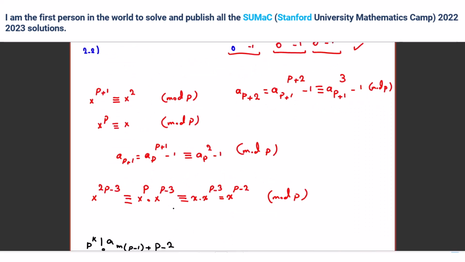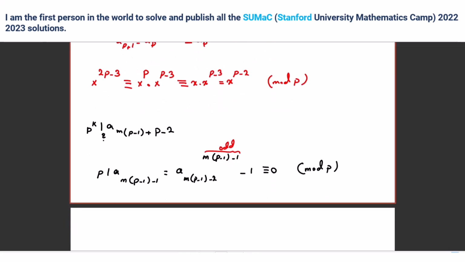Yes. Okay. So I write this one. Let me correct this. Plus p minus 2, then this one is plus p minus 3. This one p minus 2, right? Yes. Okay. Now we know it's so.